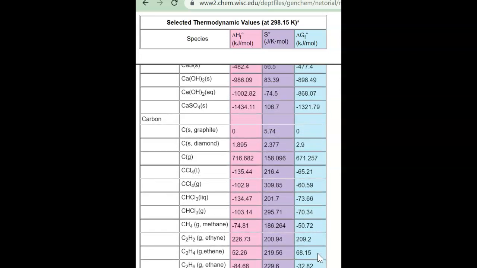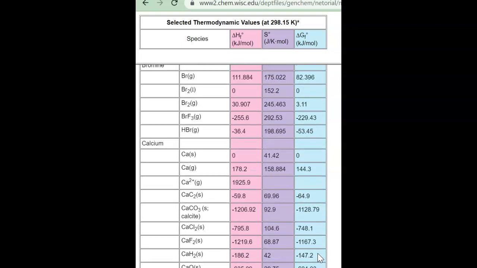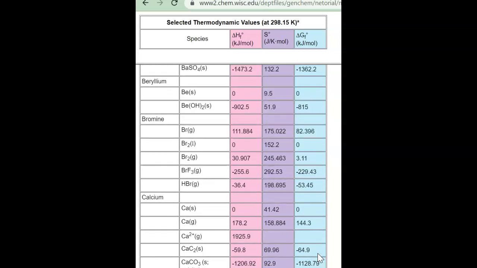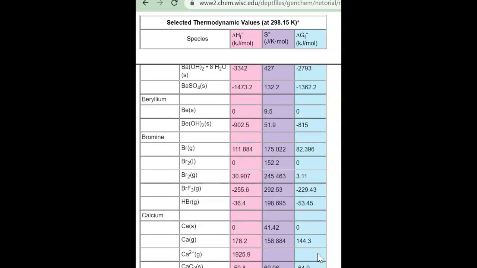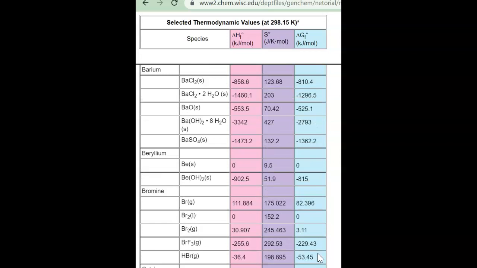Carbon as a solid is 0, calcium as a solid is 0, bromine is a liquid at room temperature and is 0, and beryllium is 0. So if it is an element in its natural state, it is going to have a delta H value of 0. Be aware of that as you go through, and you should be able to find that in your textbook also. Let's get started on some problems.